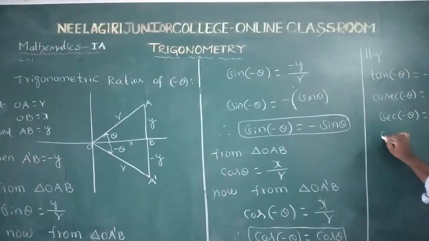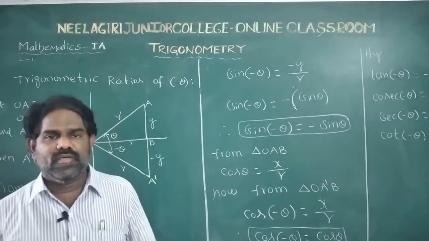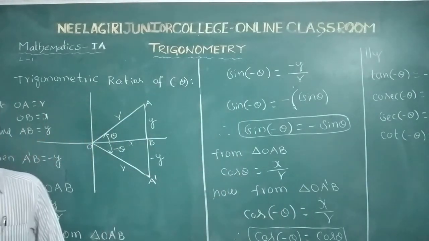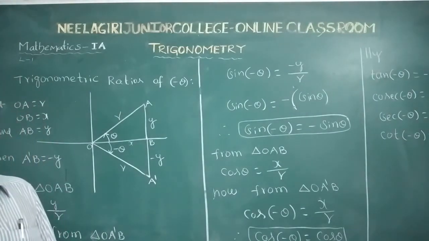And cot of minus theta equals minus cot theta. This is the way to write the trigonometric ratios of minus theta.